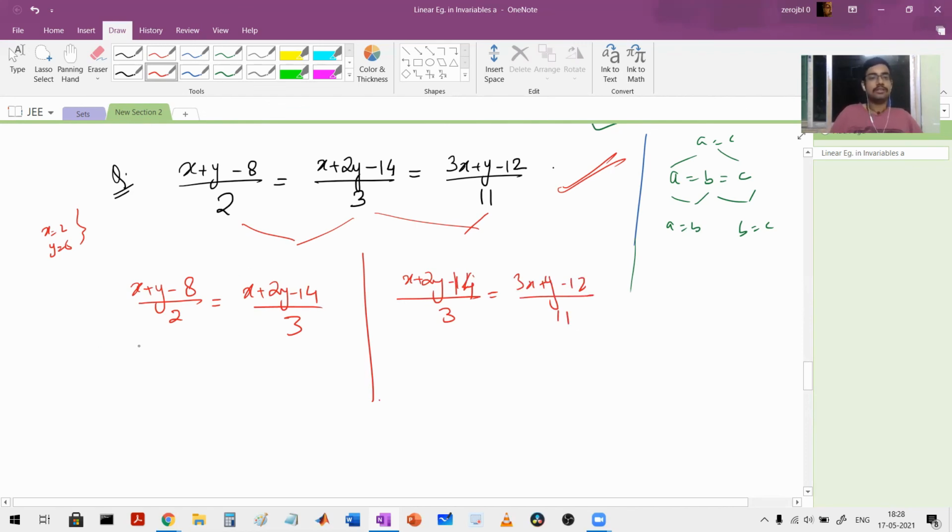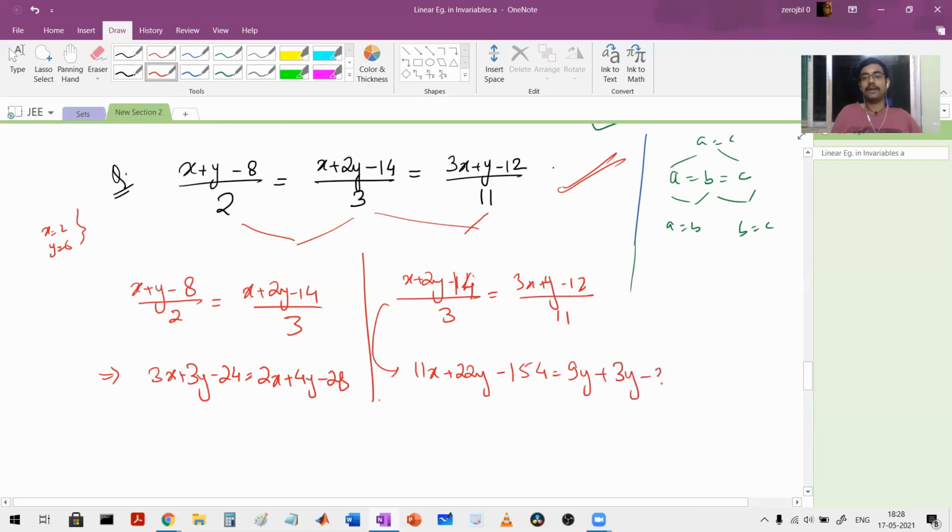Now just find out the equations, cross multiply. 3x plus 3y minus 24 is equal to 2x plus 4y minus 28. This is 1, and from here you will get 11x plus 22y minus 154 is equal to 9y plus 3y minus 36. No issues. If you just solve it, you will get x minus y plus 4 is equal to 0.